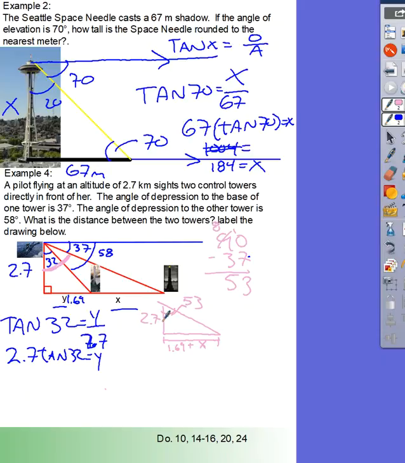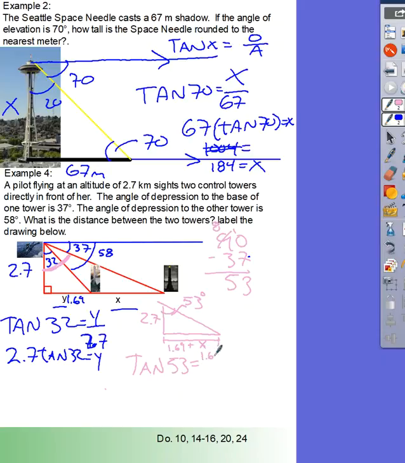Okay. So, are you ready? Yes. Okay. So, what will I be using to find this distance here? Tangent again. So we have the tangent of 53 is equal to, well, opposite over adjacent.